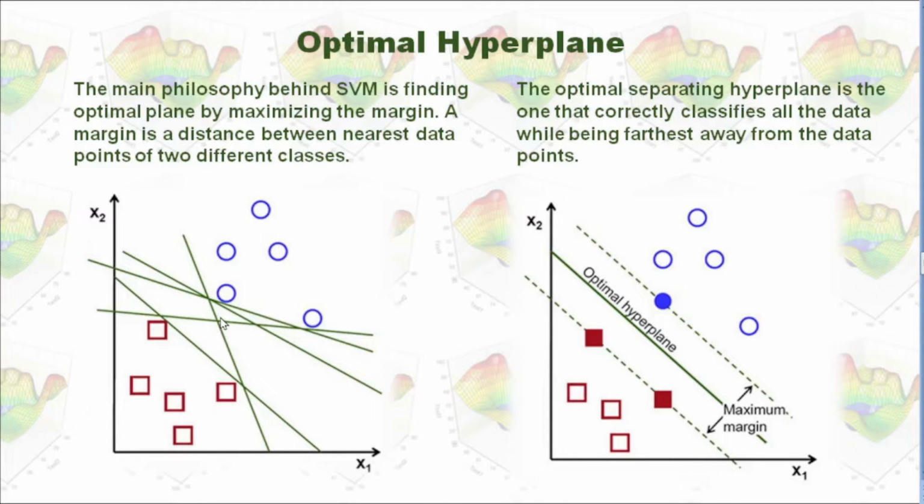If we draw a hyperplane here, of course, we can separate all those 2 classes. We can also draw a hyperplane here. But what we want is the optimal hyperplane. That means this optimal hyperplane will maximize the margin between 2 classes of data points.